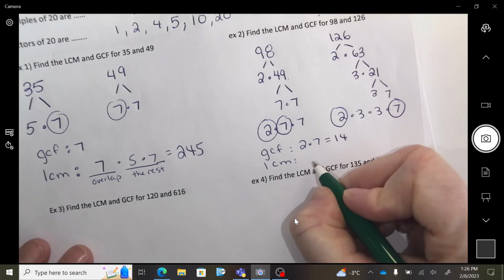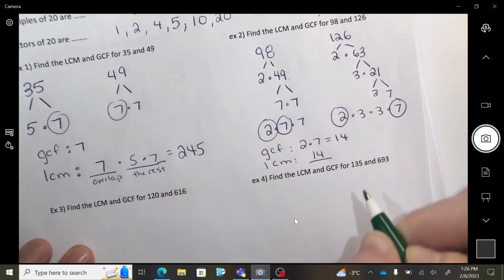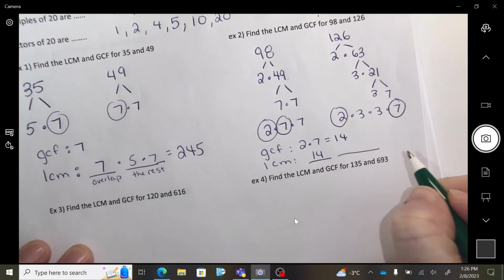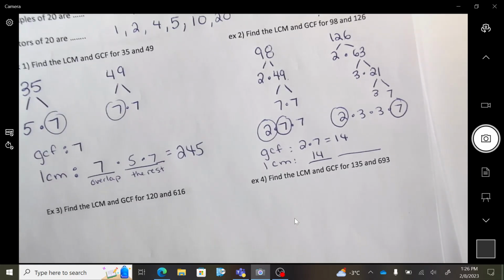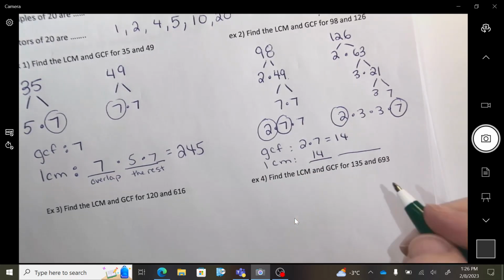Okay, so we had 14 was the overlap part. And then what else do I see that I didn't circle? So there was another 7, a 3, and a 3 that didn't get circled.